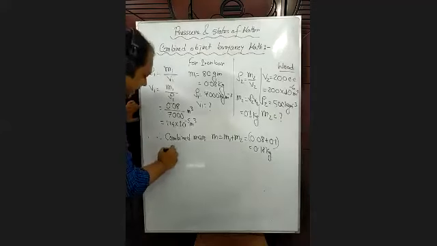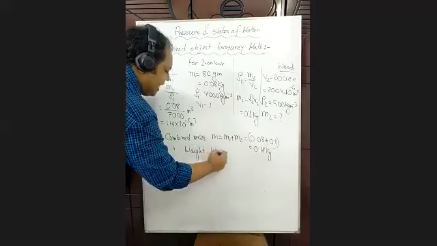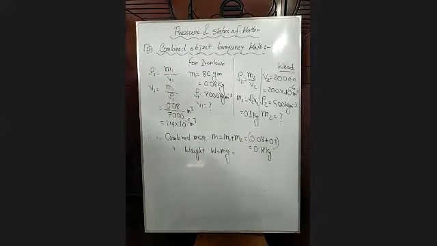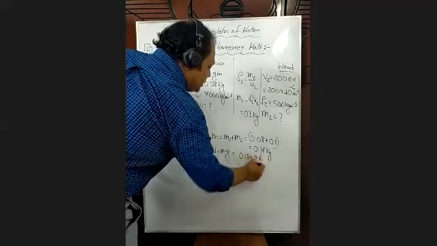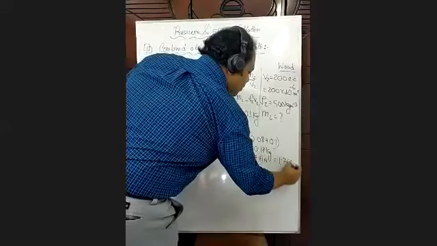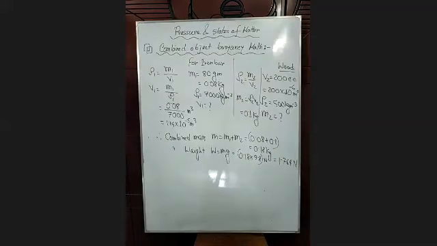The combined weight is mg, only the mg equation for weight. So the weight is 0.18 into 9.8, which is 1.764 Newton. This is the combined weight.